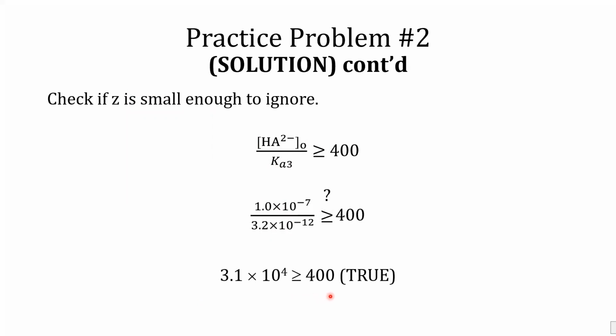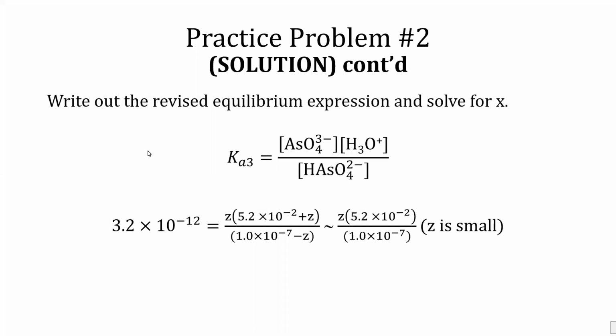So as a result, the assumption that Z is small enough to ignore is valid. In the end, after rearranging the equation, the final answer for Z is 6.2 times 10 to the minus 18.